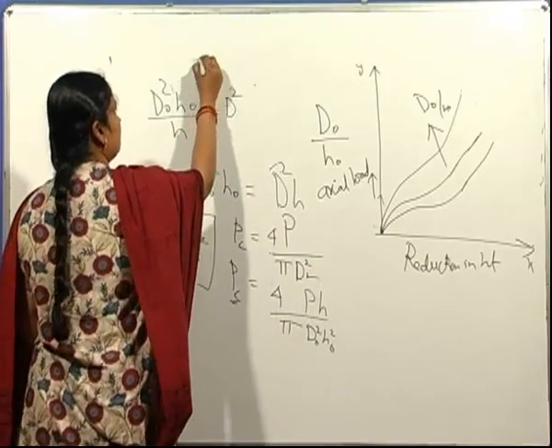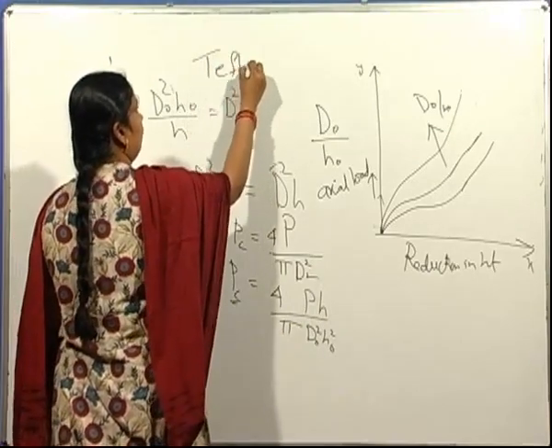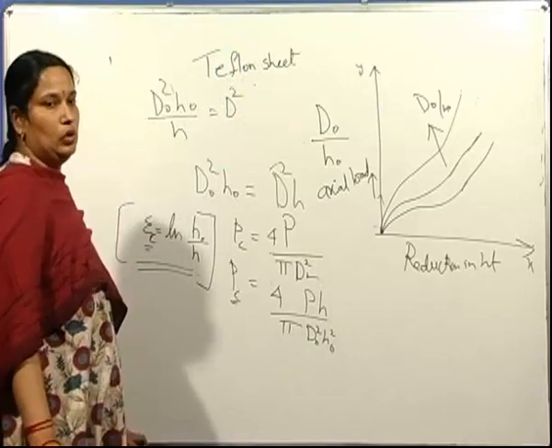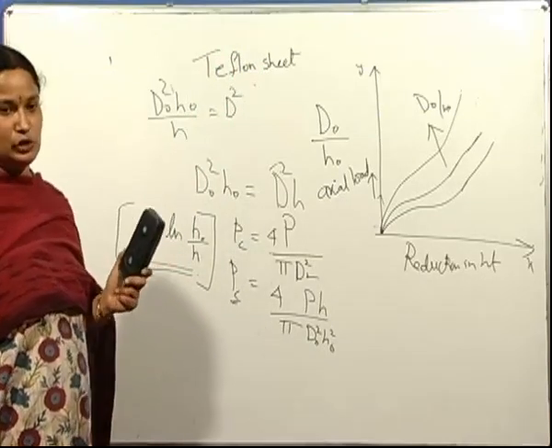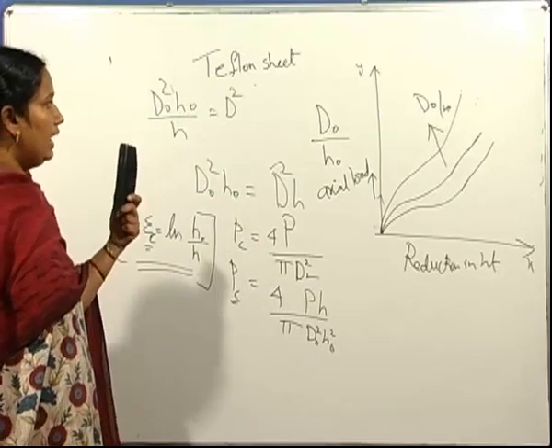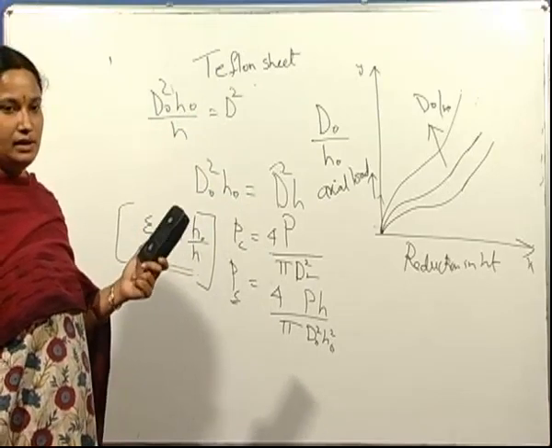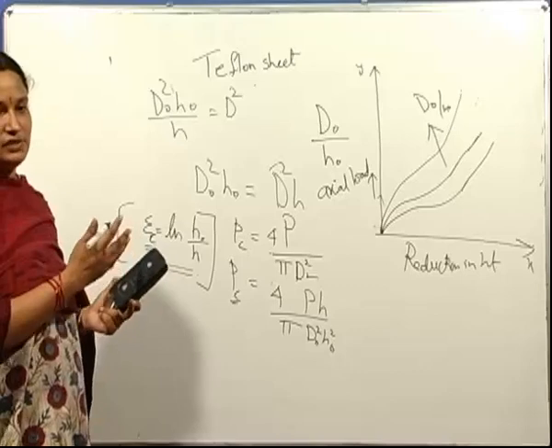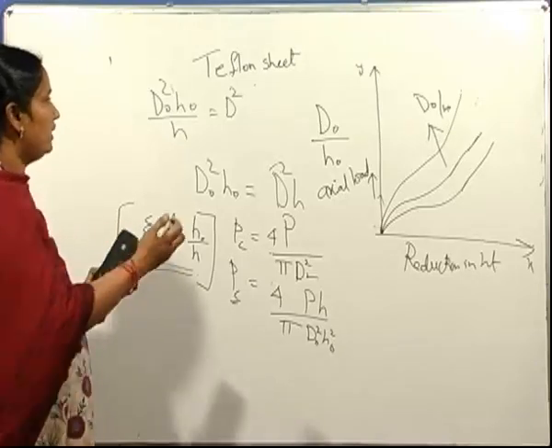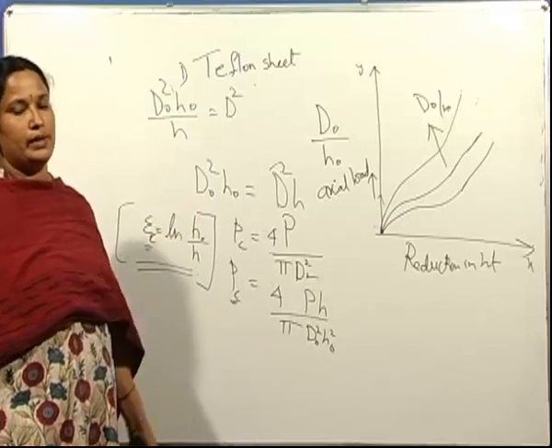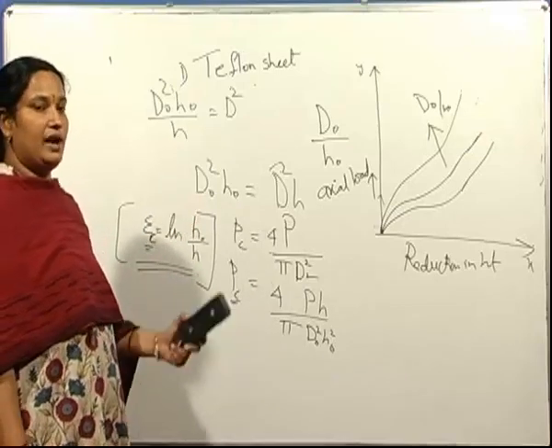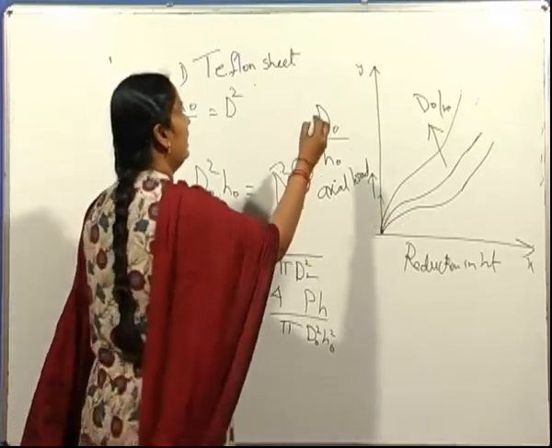Teflon sheet is used for room temperature compression. And moreover, the other factor that can be considered during this compressive test to minimize barreling is the use of lubricants: Teflon sheet, which is for low temperatures, that is for room temperatures, and for very high temperatures, glass is used.